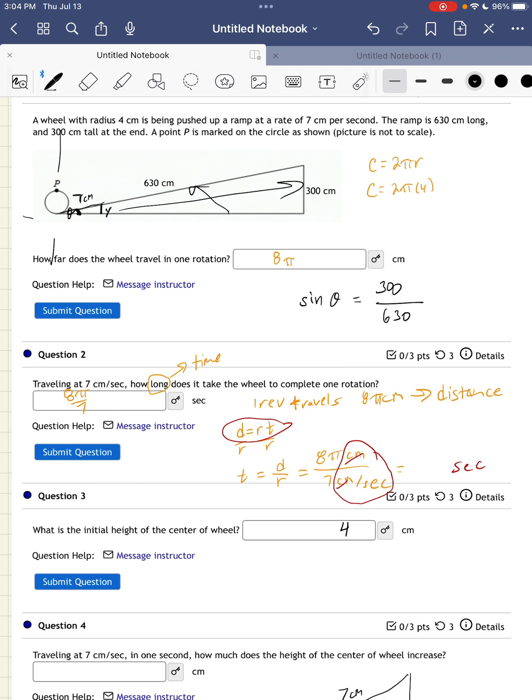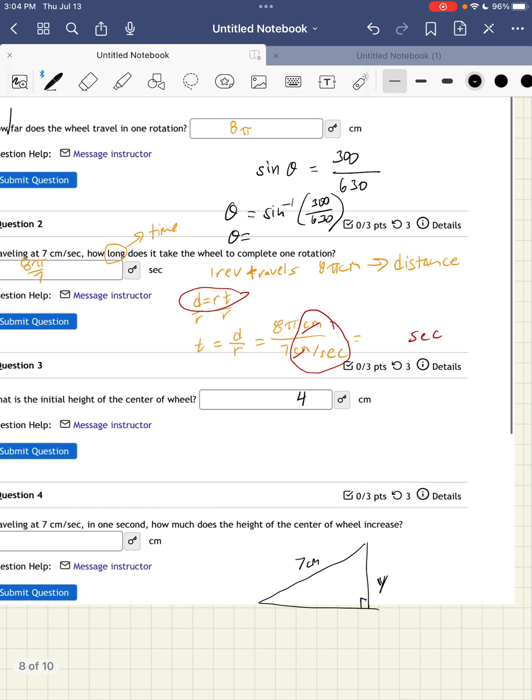So if I do an inverse sine of 300 over 630, then I can find that angle. And if I know that angle, you may be wondering where I am going with this. I could find the missing side y, because once we know this angle, I can use a trig function to solve for it.